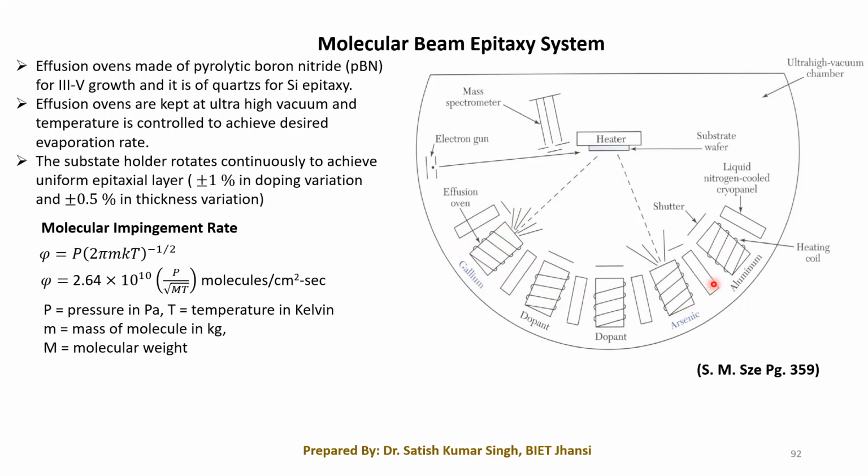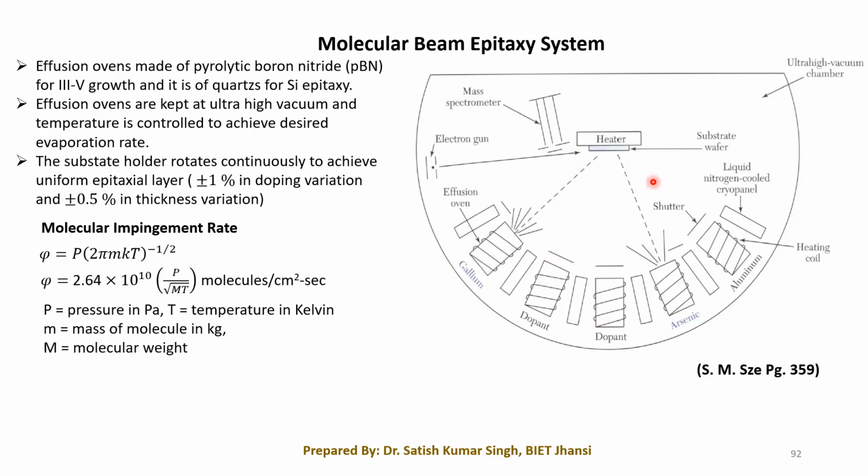But for other materials, the temperature within the diffusion cell will be kept low, and as compared to these cells, the substrate temperature must be lower so that the condensation will take place. Generally in this MBE system the substrate temperature is somewhere around 400 degree centigrade to 800 degree centigrade.